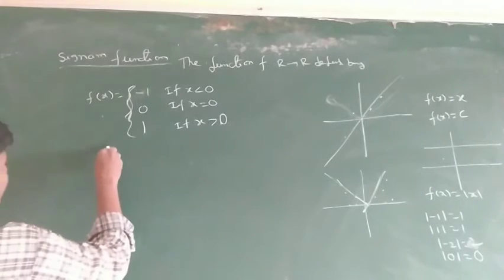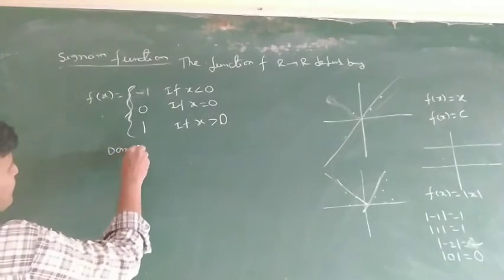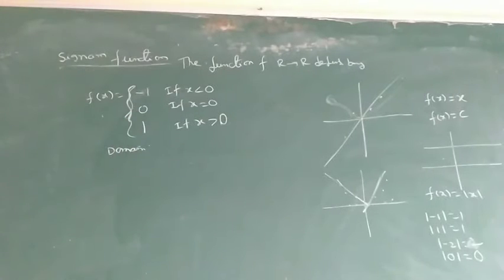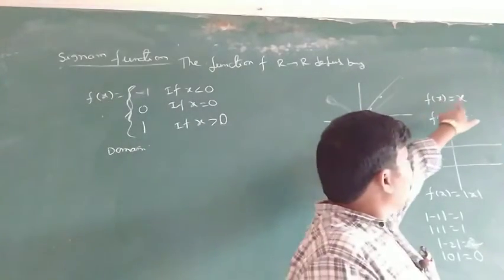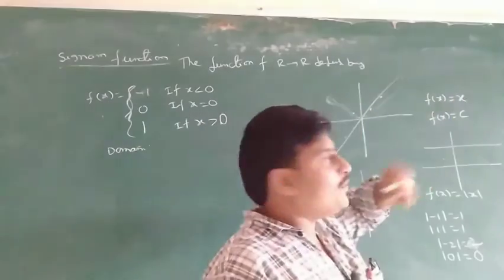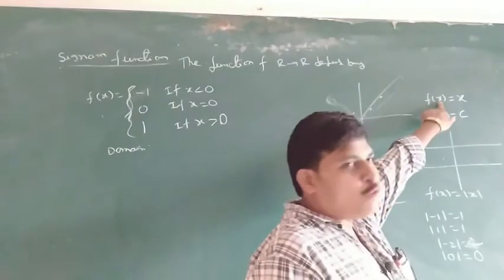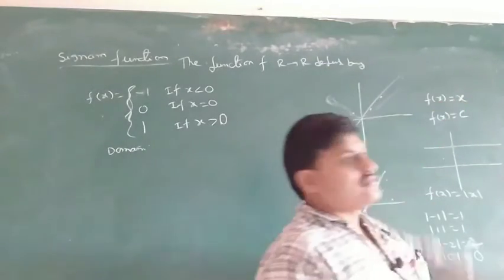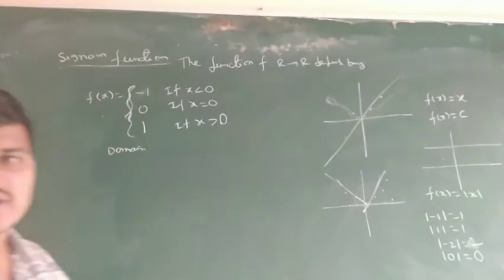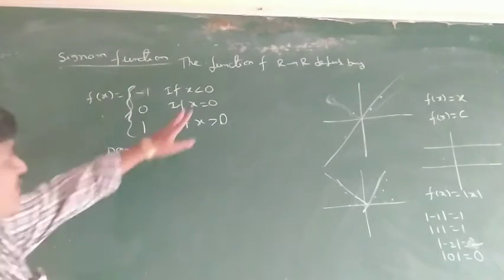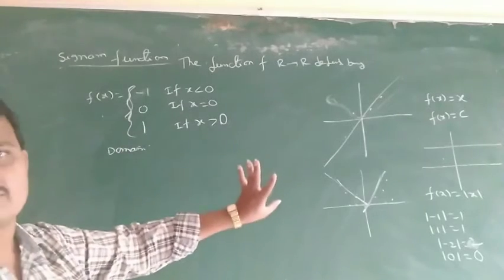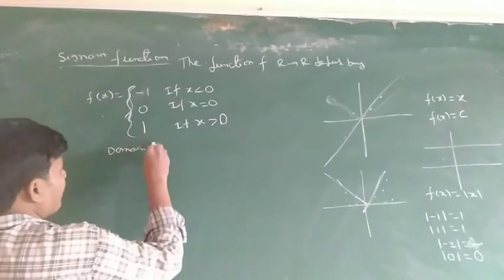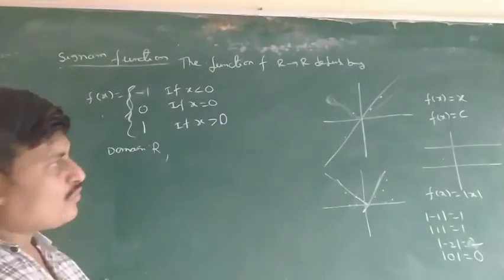So what is the domain? Domain means you take any value by substitution. For example, f of x is equal to x: the x value is the domain, and the result is the range. We can take any x value, no restrictions, so the domain is R. So what is the result?